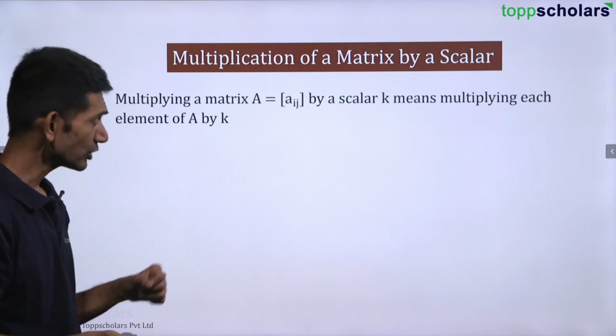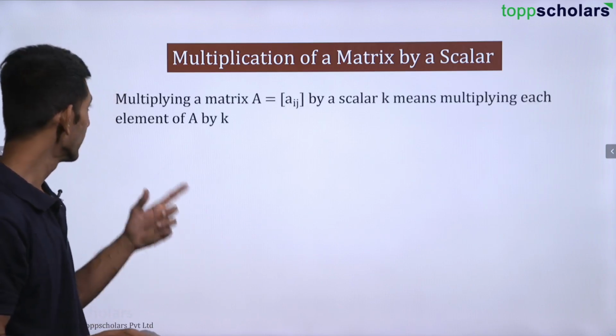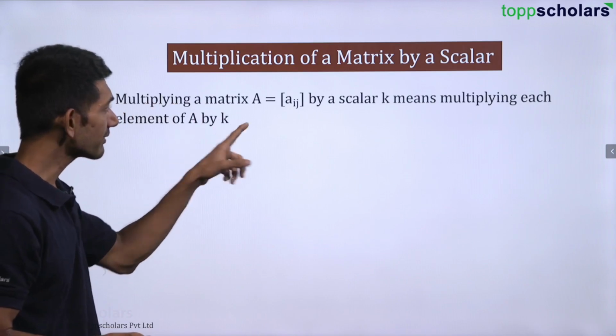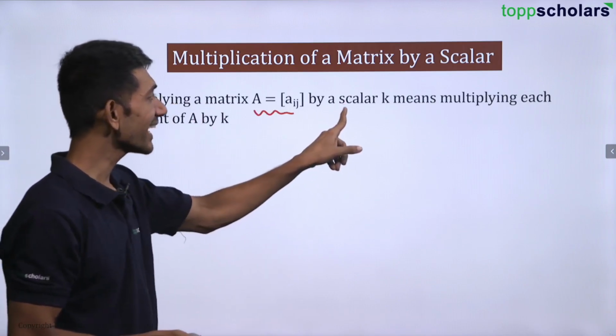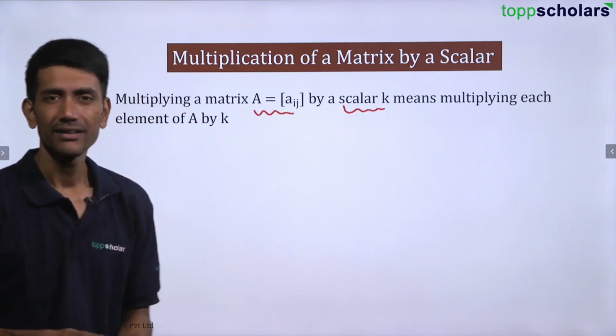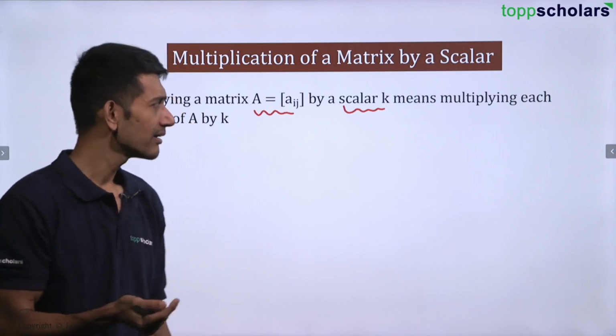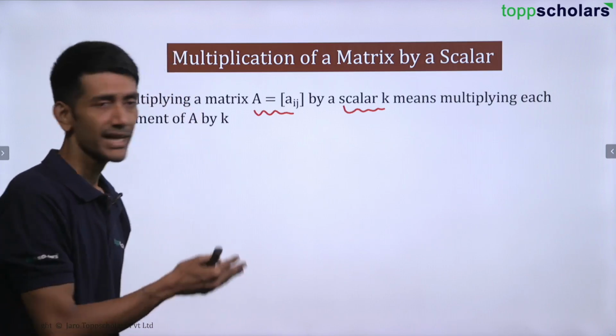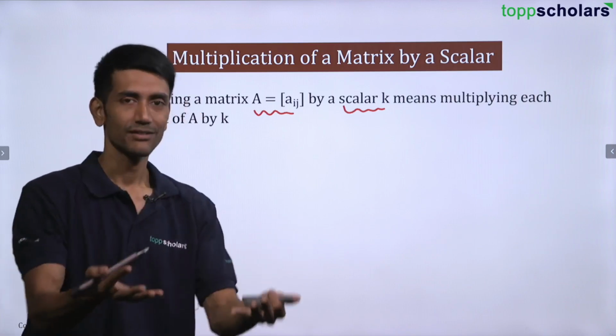So let us talk about multiplication now. Subtraction is done. Multiplying a matrix A by a scalar K. Scalar is any number basically. Generally we take a non-zero number here. Directly we cannot multiply 0 to any random matrix basically.